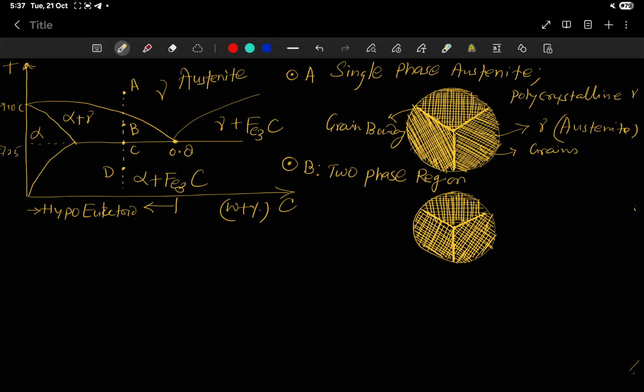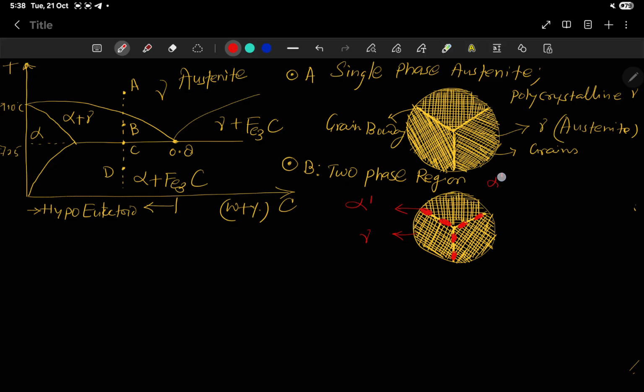Now what we are going to observe in its microstructure is that some nucleation will start at the grain boundaries. At the grain boundaries, we call this phase alpha dash, and this region we have already discussed earlier. This region is gamma.